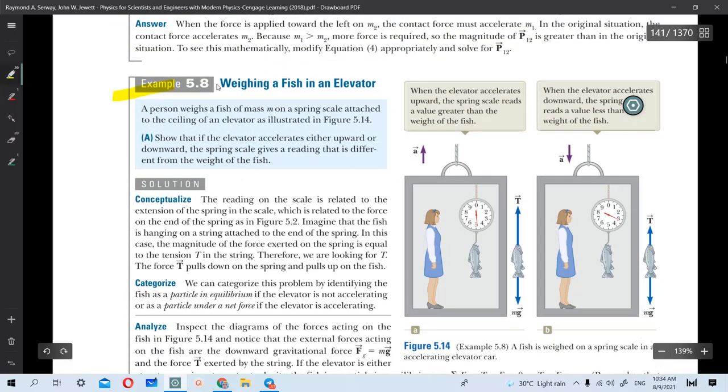Okay, example 5.8, weighing a fish in an elevator. So, the question: a person weighs a fish of mass M on a spring scale attached to the ceiling of an elevator as in the figure. A, show that if the elevator accelerates either upwards or downwards, the spring scale gives a reading that is different from the weight of the fish.